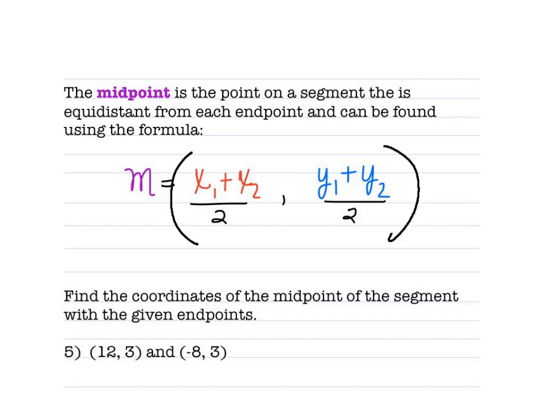Sorry, I forgot the parentheses, but your new ordered pair for the midpoint of a line segment can be found by using this formula. M equals (x1 plus x2 over 2. That's your new x value. And then y1 plus y2 divided by 2. That's your new y for your midpoint).